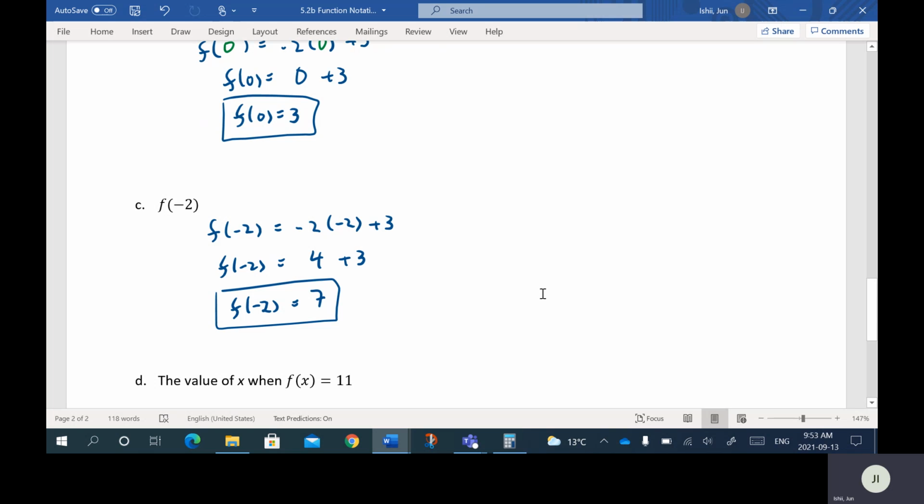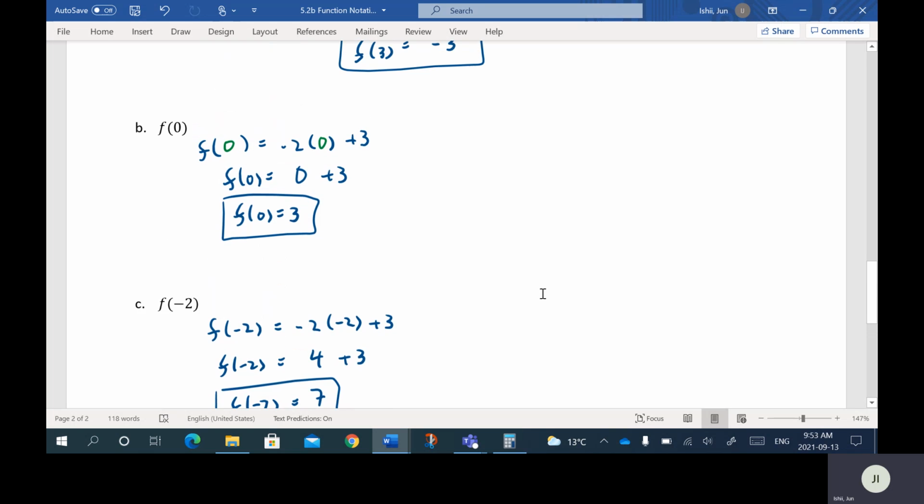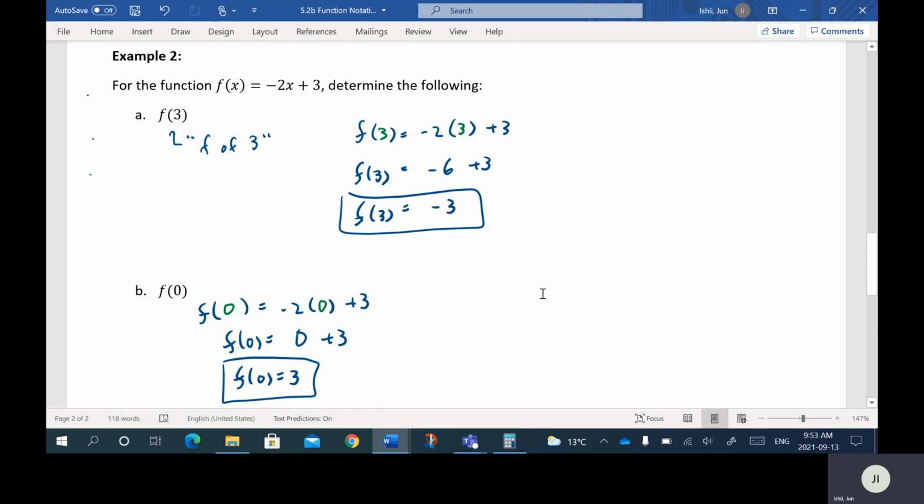Now, one thing I want to point out is that you will see f of x a lot. And traditionally, the input and output variables are x and y. Because when you go back to graphing things, there was always an x coordinate and y coordinate.